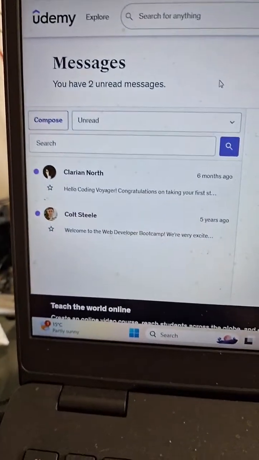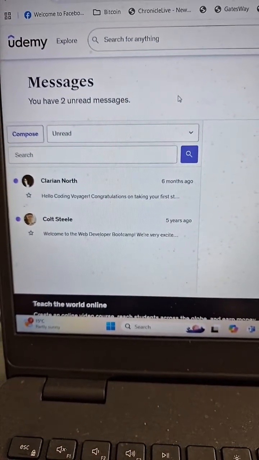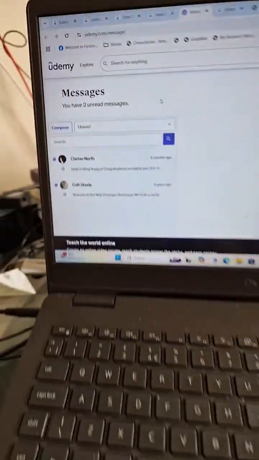And unbelievably, the bottom one was 5 years ago. So yeah, I will message him, and then he can get back to us and let me know how to fix that error.